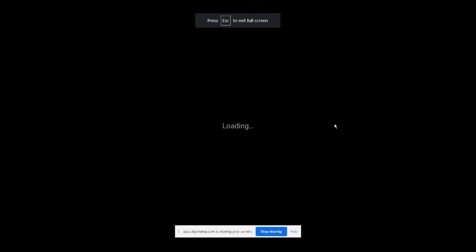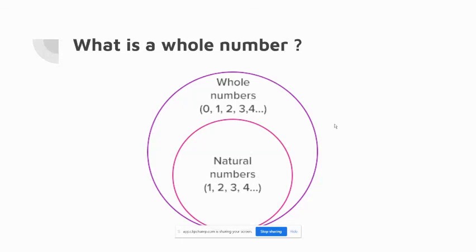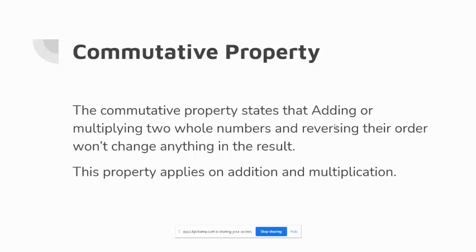So a small recap, that we have learned what a whole number is and what the closure property is. The closure property states that adding or multiplying two whole numbers will always result in a whole number, which works for addition and multiplication. The commutative property states that adding or multiplying two whole numbers and reversing their order won't change the result.